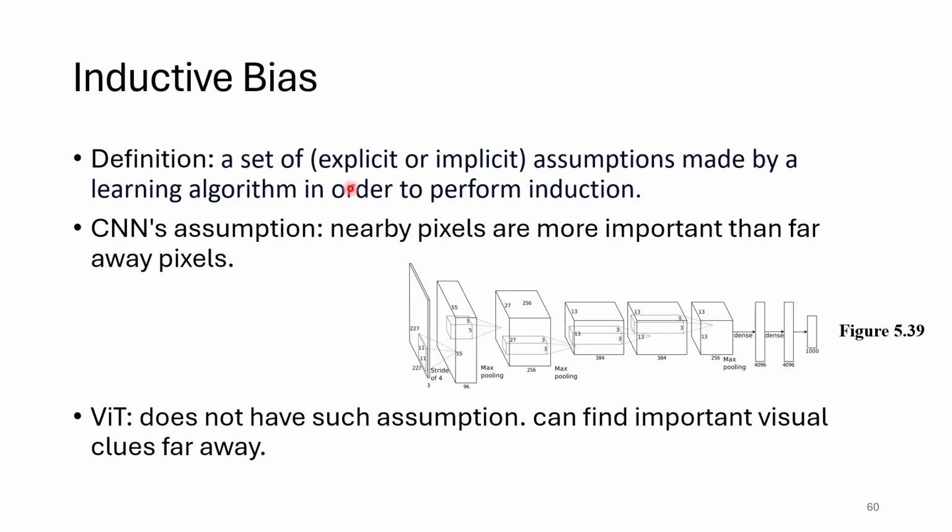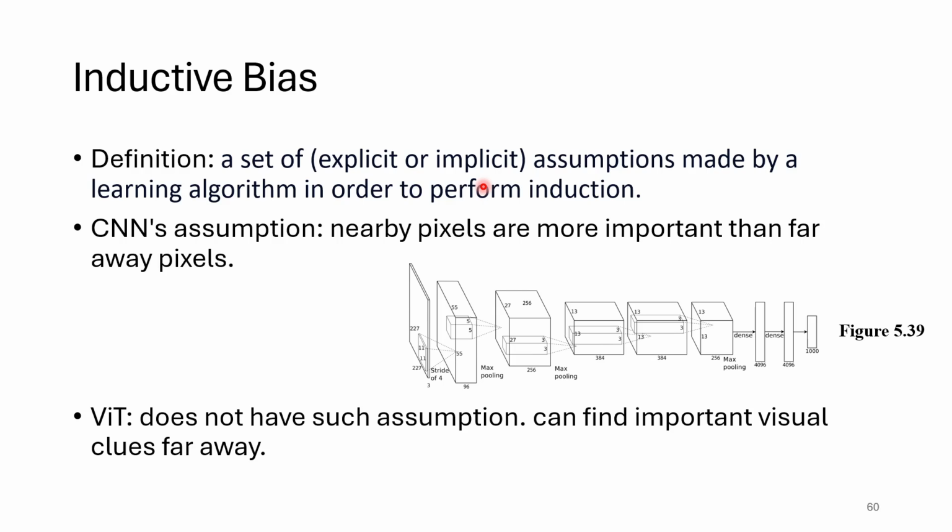So what is the inductive bias? It means there are some explicit or implicit assumptions under which we train our network, or train our model, or let our algorithm learn something from our data.